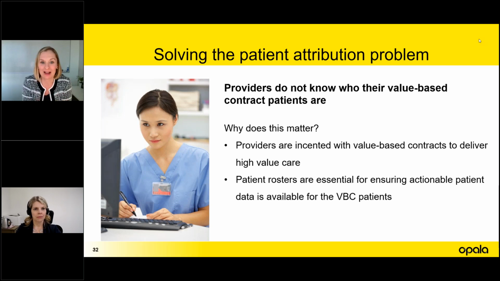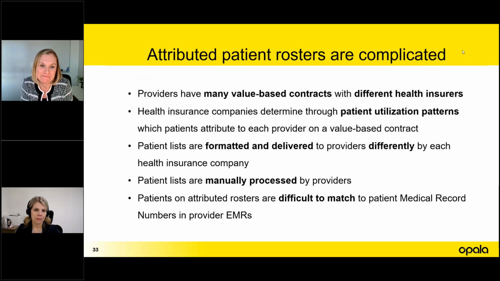So we'll talk about how just implementing ATR API is valuable in and of itself. But I did want to share that broader context of what this truly unlocks in terms of value-based care for providers and for partnerships between providers and payers, for the benefit ultimately of patients. Okay, so if we could go to the next slide.